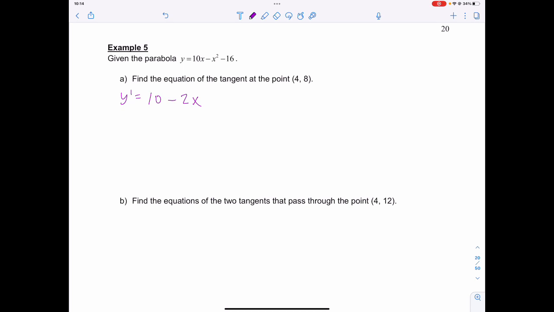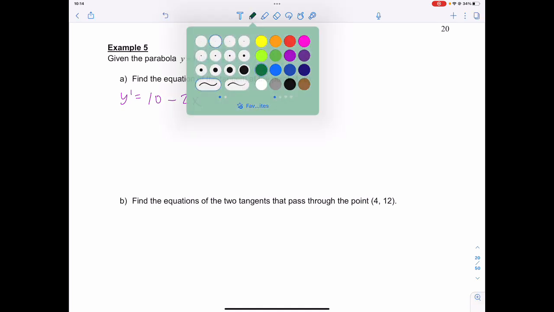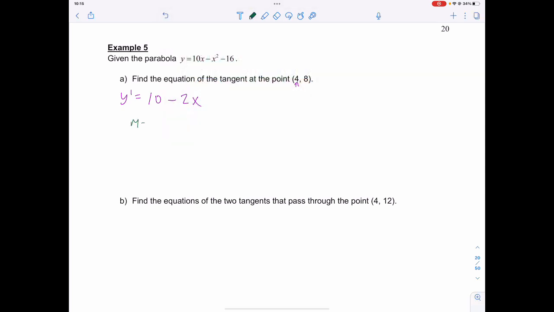I know this occurs where x is equal to 4, which means that my slope is equal to 10 minus 2 times 4, which is going to give me a slope of 2.